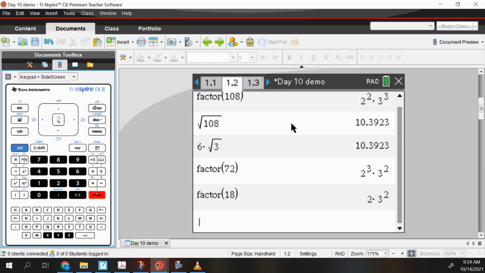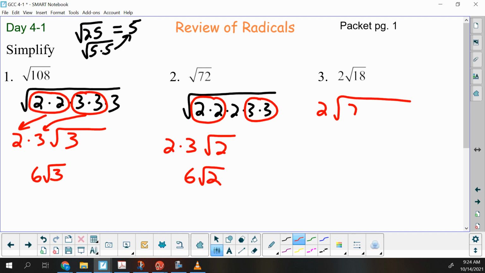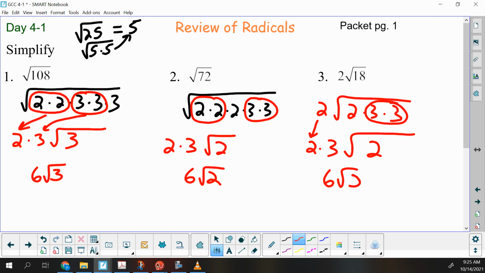So we have 2 times 3 squared. So that's going to be 2 times 3 times 3. We've got a pair of 3's. So out front, this is the 2 that was already there. We have 1 from the pair of 3's and a 2 left inside. 2 times 3 is 6, so we get 6 square root of 2.